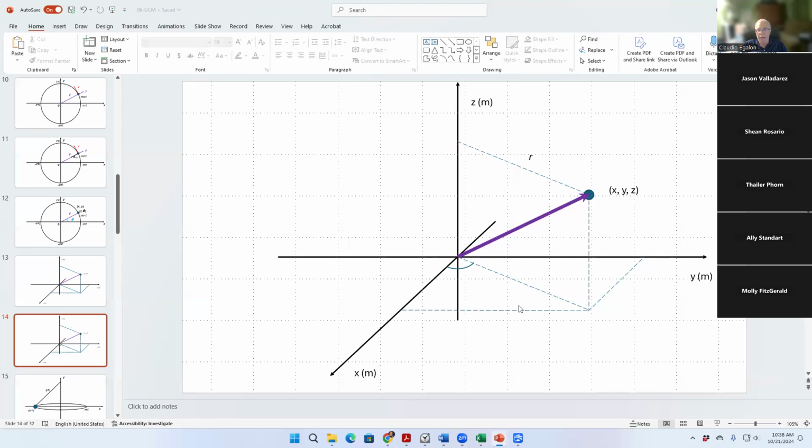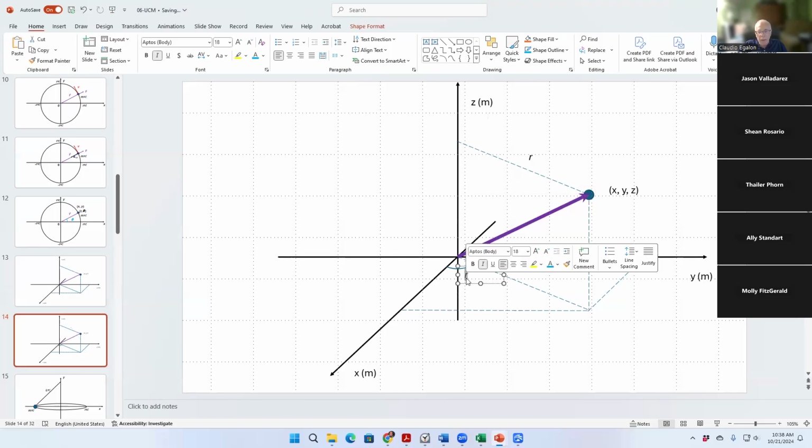Yeah, better now. That will be R. The theta angle is in the XY plane. And then we have the Z coordinate, which is this one right here.